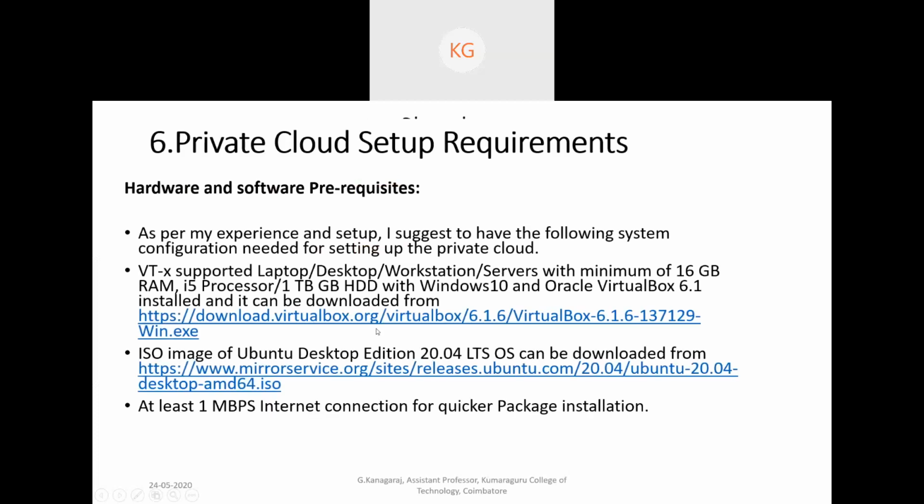This is the requirement before you set up: you have your Windows operating system, you have installed the VirtualBox hypervisor, and you have your ISO image of the Linux OS, right? If you have any queries, you can type in the chat window quickly. I give you 1 minute for your queries, then we move on to the actual steps for setting up a private cloud.